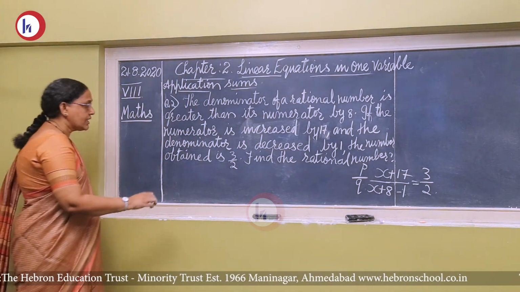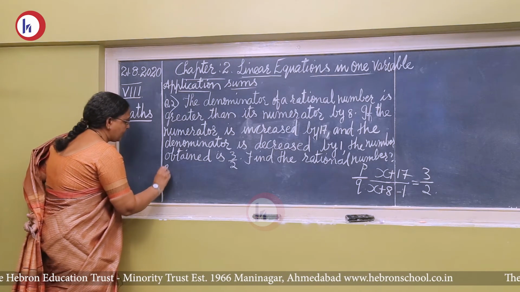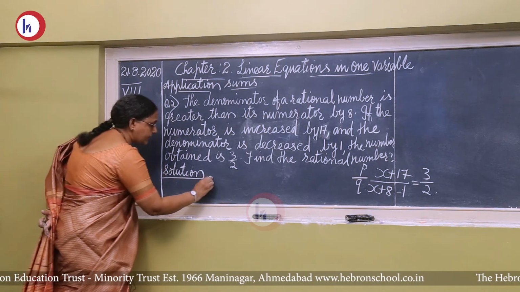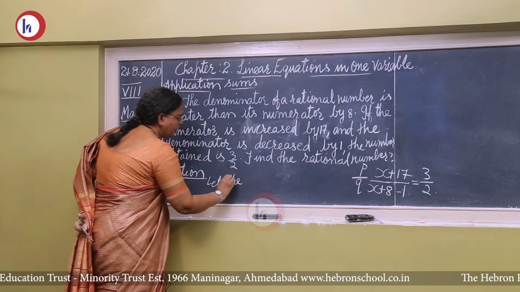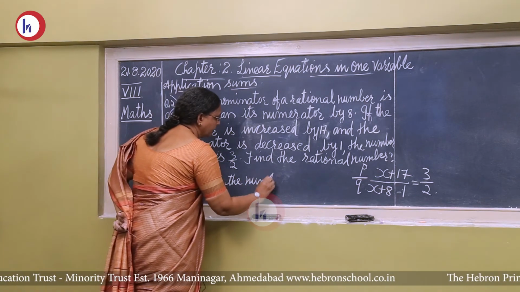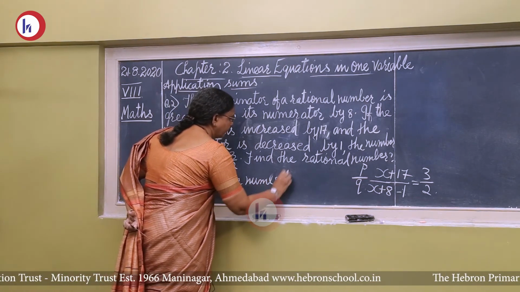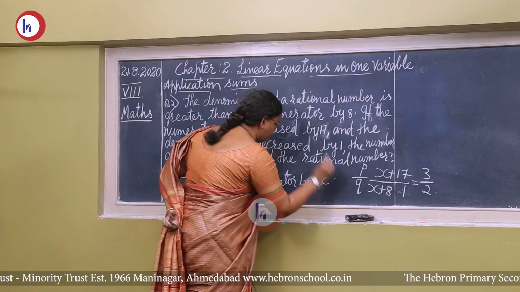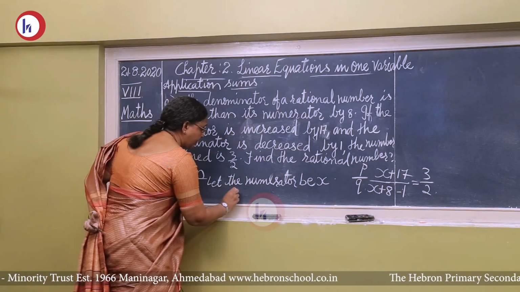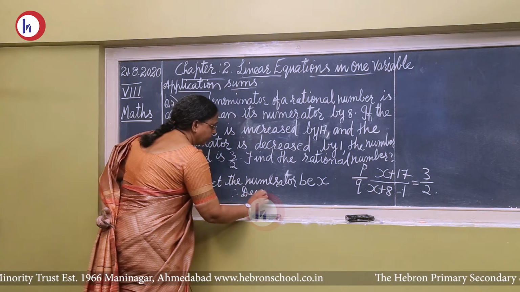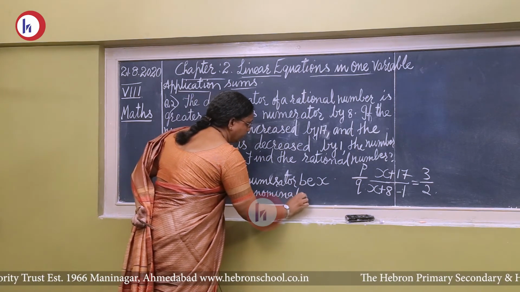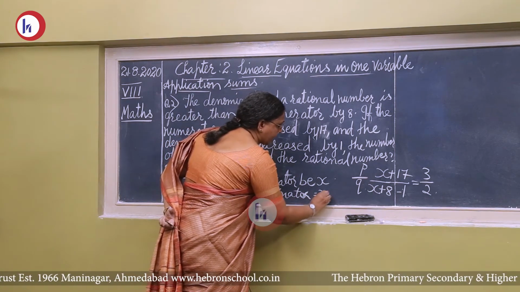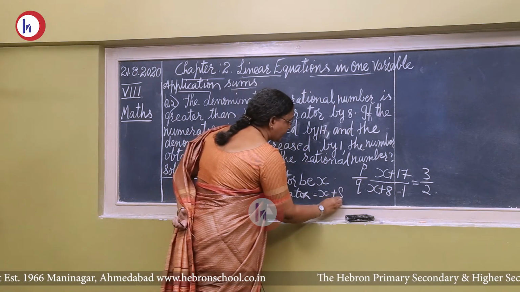So, we start with the statements. Let the numerator be x. Then the denominator, as we already said, will be equal to x plus 8, since it is 8 greater than the numerator.